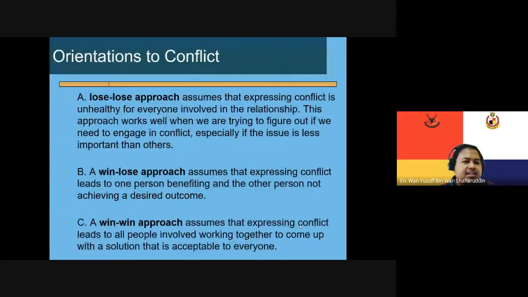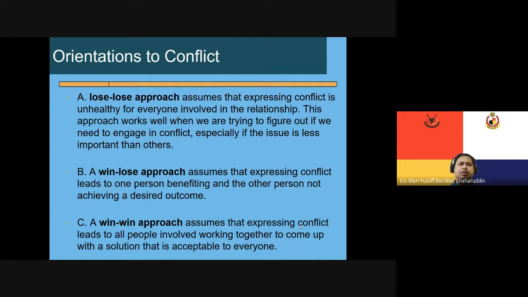Right. There are three orientations to conflict, meaning the way you approach the conflict. Number one is the lose-lose approach. All right. The lose-lose approach assumes that expressing conflict is unhealthy for everyone involved in the relationship. So this approach works well when we are trying to figure out if we need to engage in conflict, especially if the issue is less important than others.